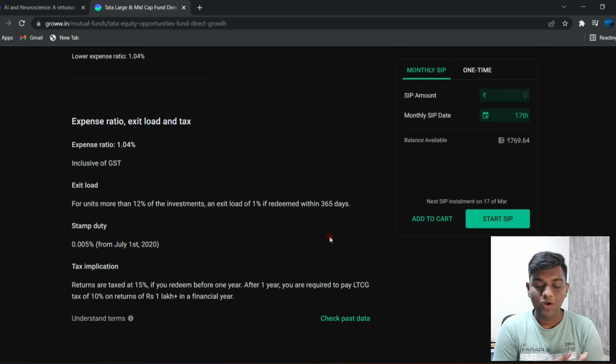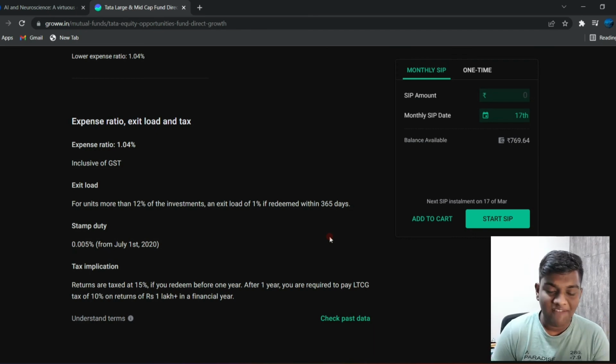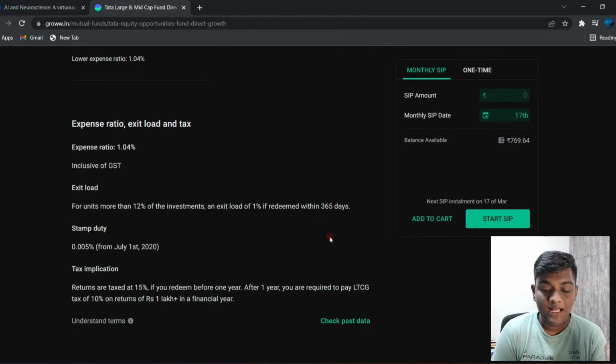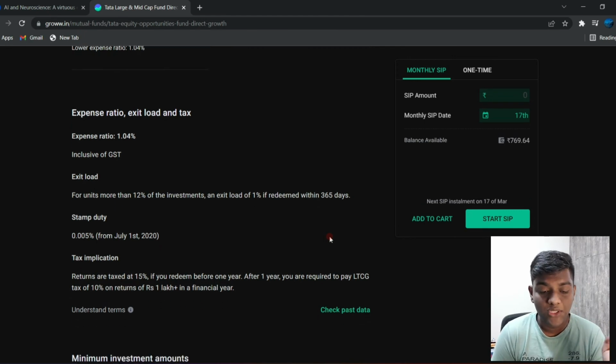Tax is common for all, 15% and 10% for long term. Expense ratio is the amount given to your fund manager in exchange for managing your holdings. Exit load is the amount withdrawn by the company themselves if you exit from the mutual fund within a specific time.